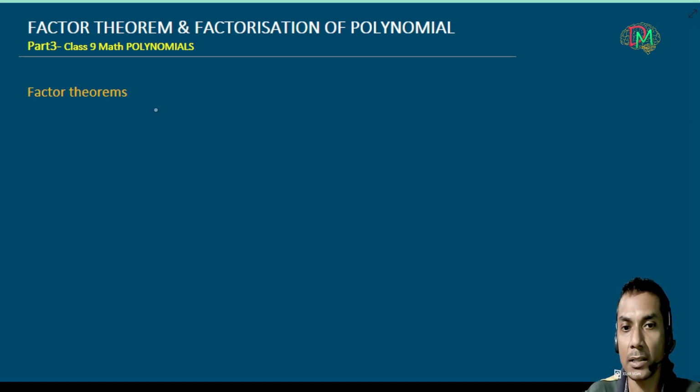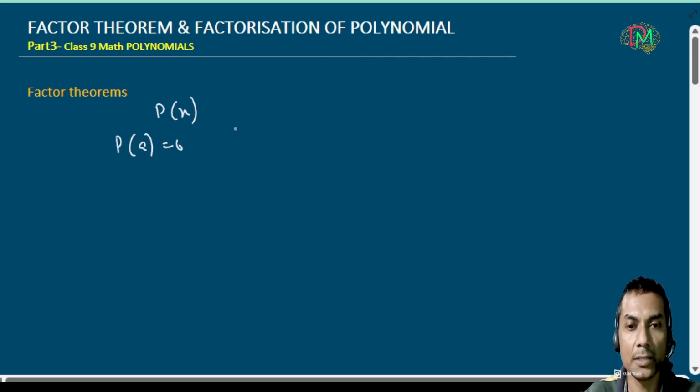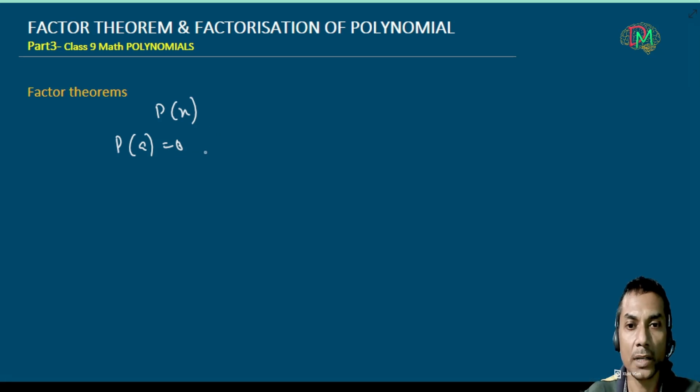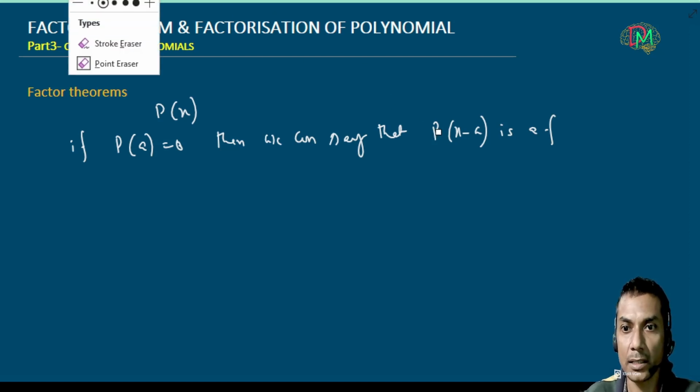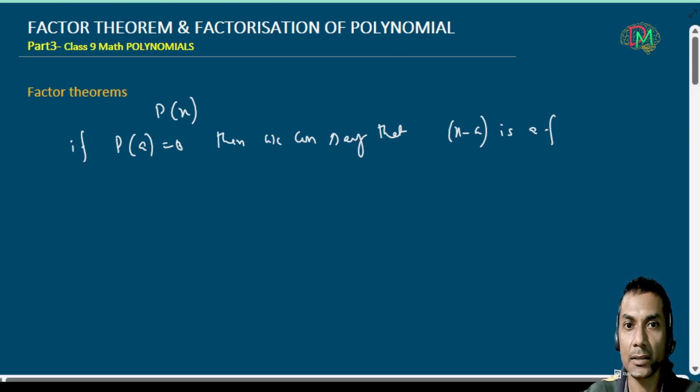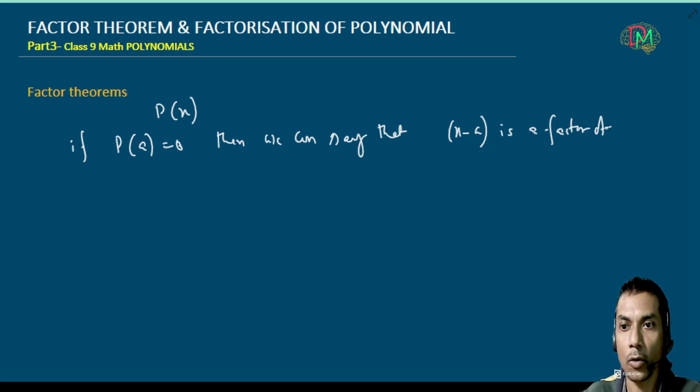The factor theorem is nothing but, if we consider p(x) as the polynomial, and if p(a) is 0, then we can say that x minus a is a factor of p(x).